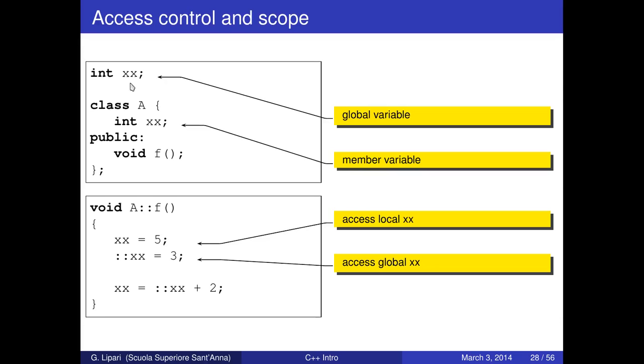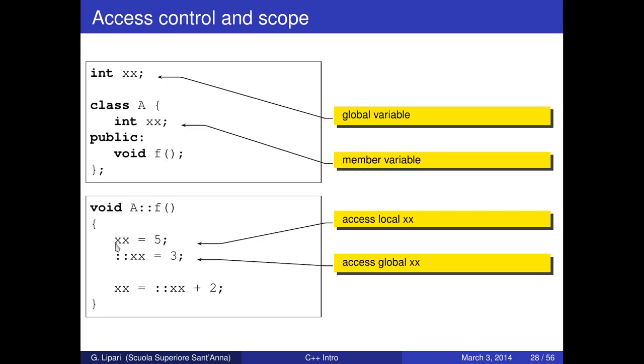So basically, here you have XX, a global variable of type integer. Then you have a class, and inside the class you define a member variable which is also called XX. And then you also have a function f, and this is the implementation of f. Inside function f you are going to access XX.